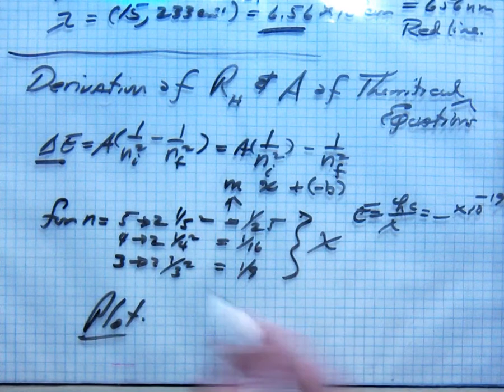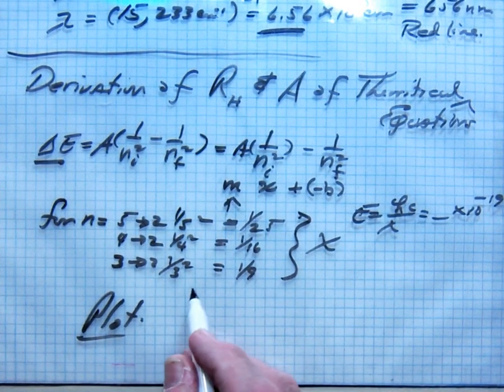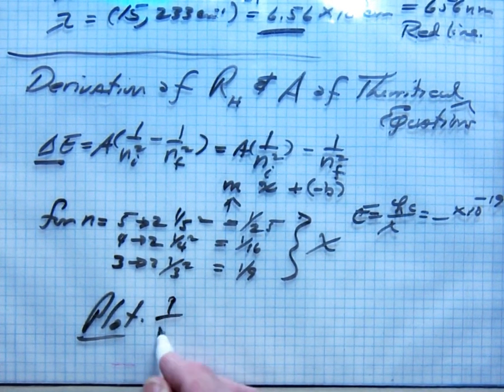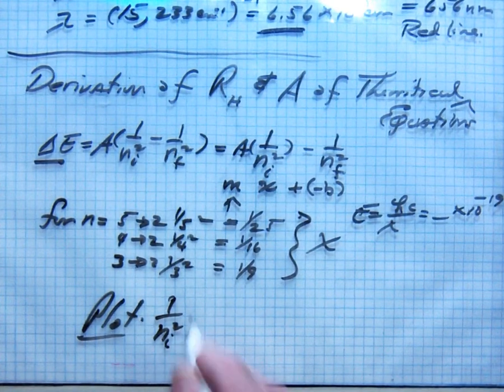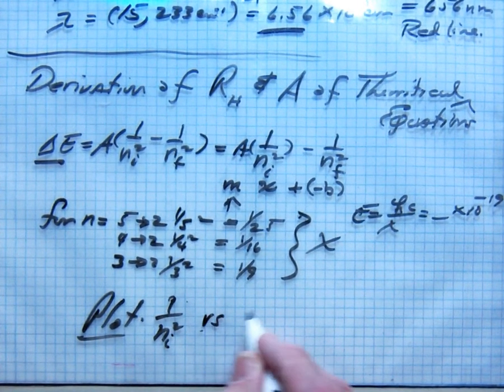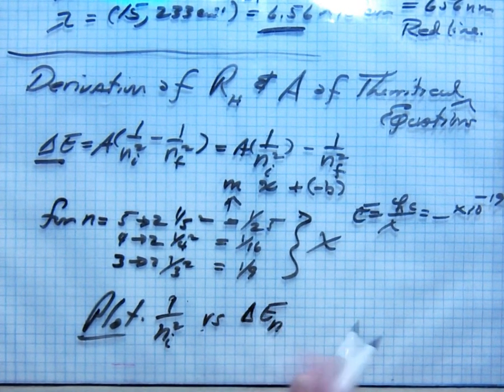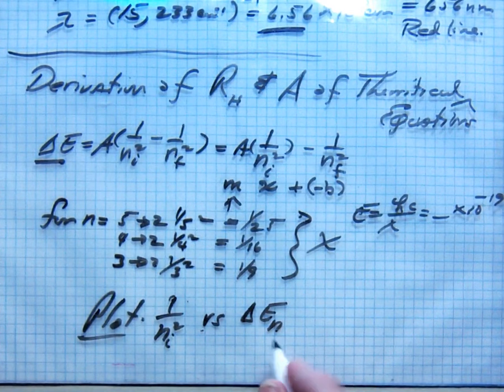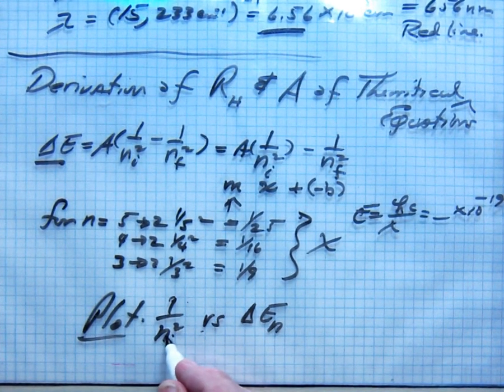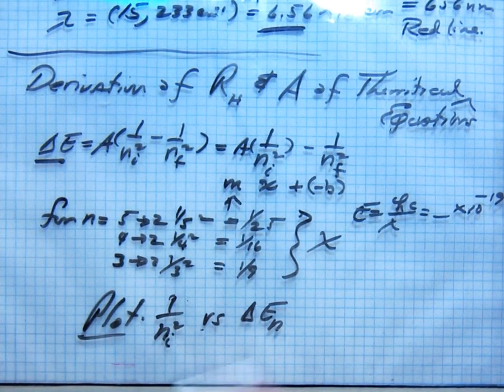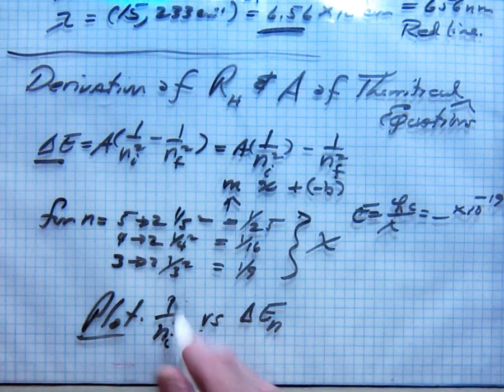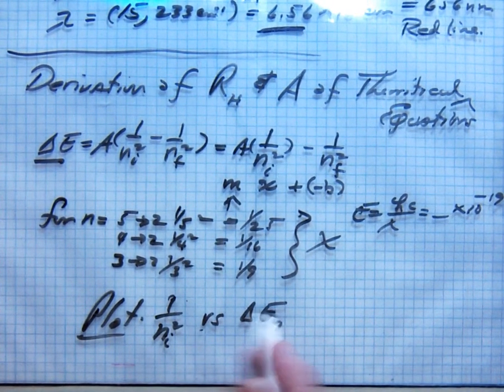Plot the X values, 1 over n squared initial versus delta E, whatever that energy change is. For this, it starts here and goes, say, 5 to 2. That would be 1 over 25 versus whatever the energy trend.